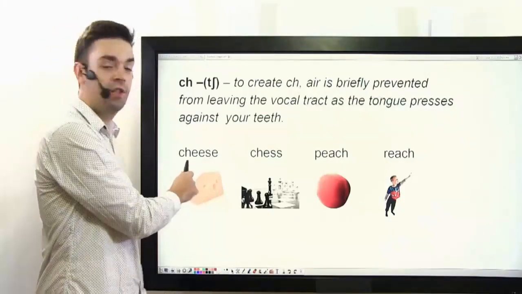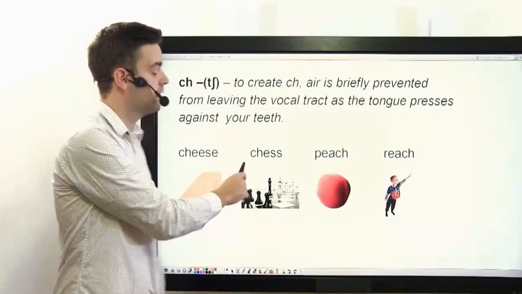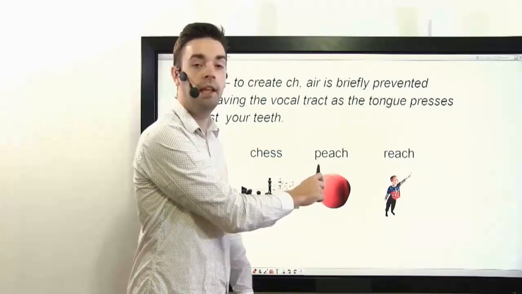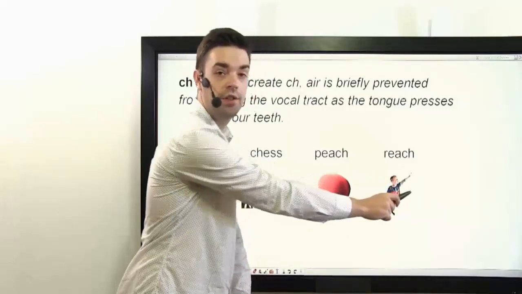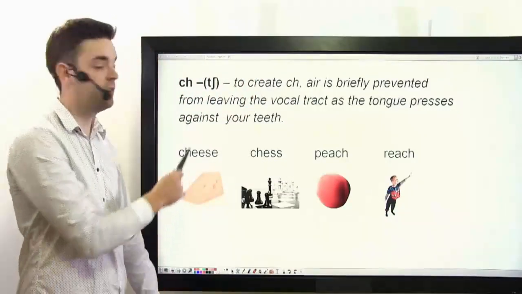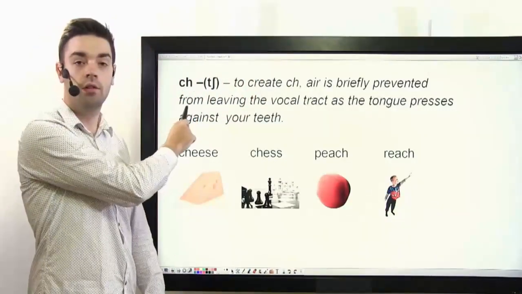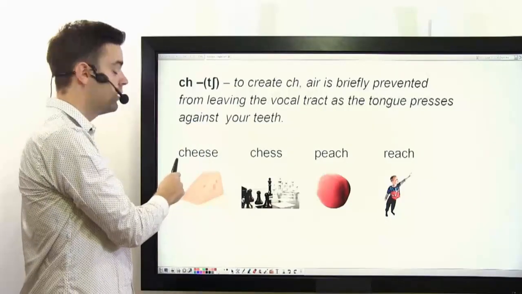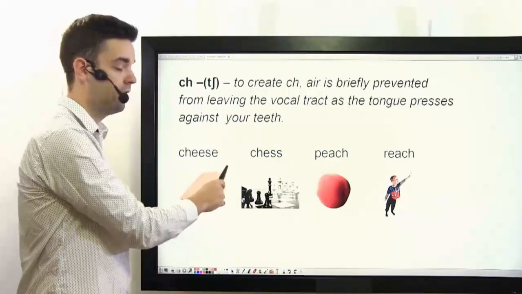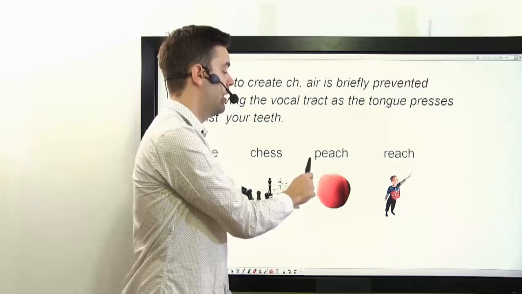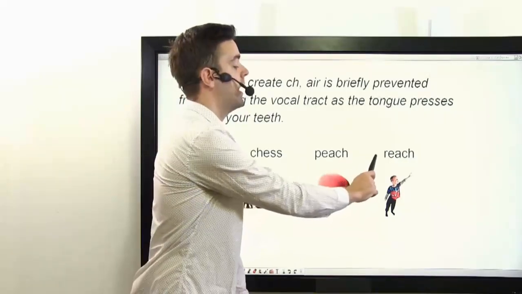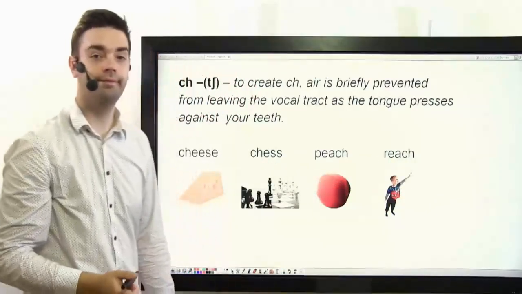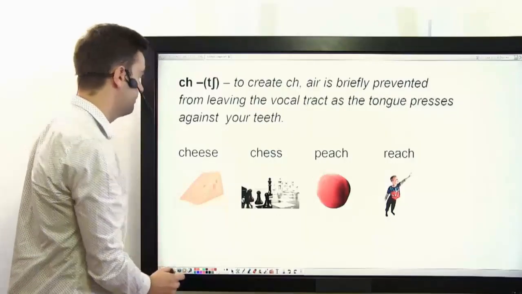So, cheese, chess, peach, reach. So we've got C-H, ch. Cheese, chess, peach, and reach. Okay?